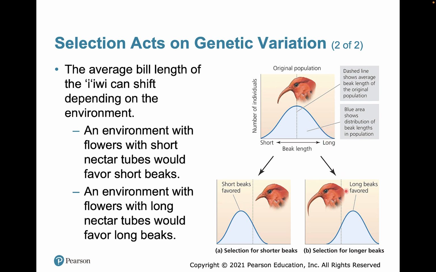So guess what's going to happen? Those organisms with the long beaks are going to survive, reproduce, and pass those traits on to create a shift in the most prevalent phenotype of this population to favor longer beaks. Okay? Hopefully that makes sense.